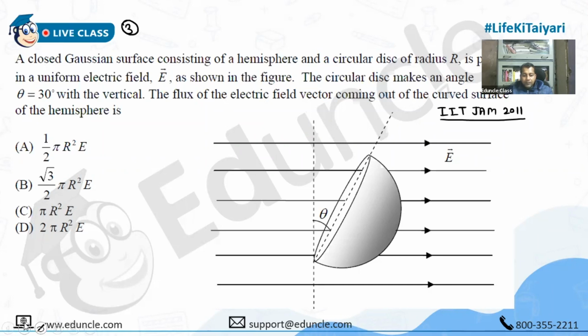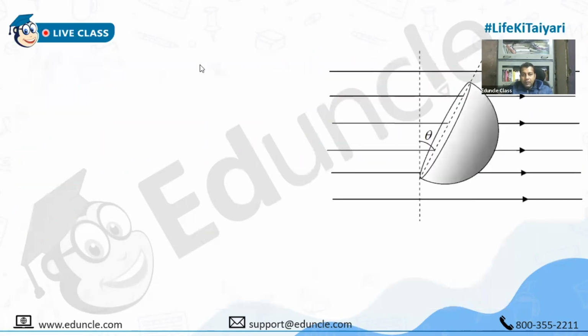See, angle is 30 degree with the vertical. Let us see now. So if I draw a line which is perpendicular to this surface, it will go like this.